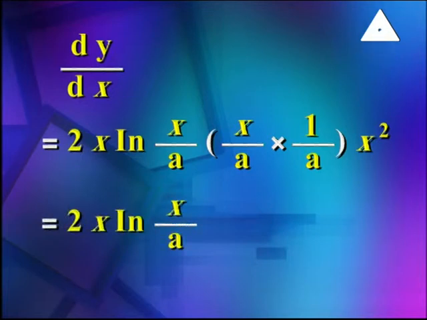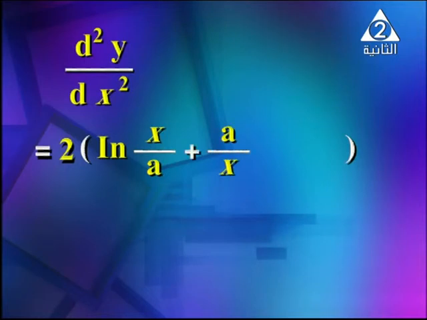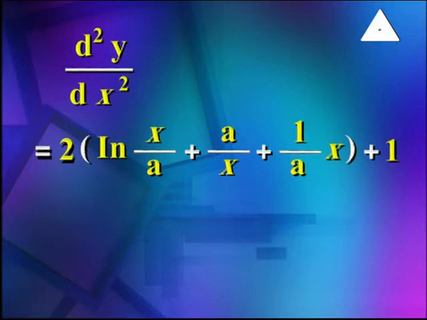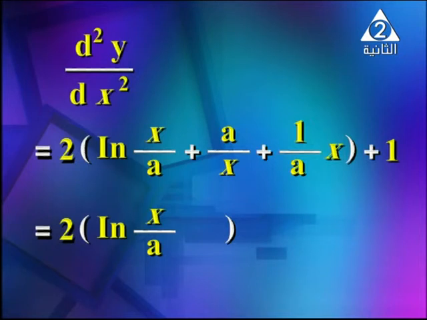Answer is 2x ln x over a plus x. d2y over dx squared, the second derivative, equals 2 multiply ln x over a plus a over x plus 1 over a x plus 1. Then by using like terms, 2 multiply ln x over a plus 1.